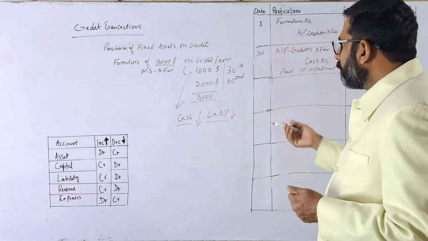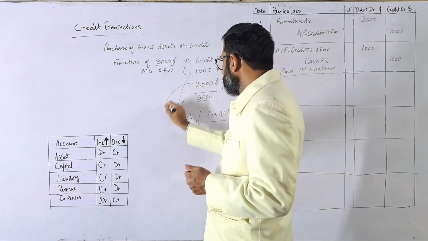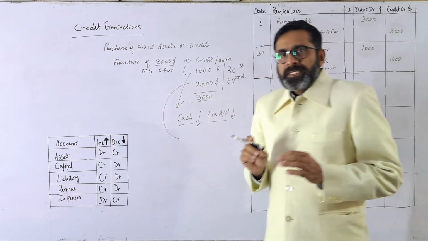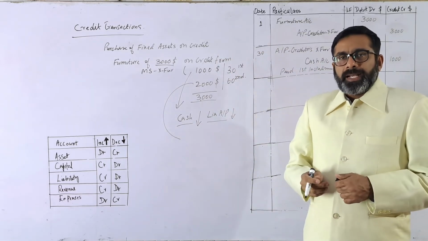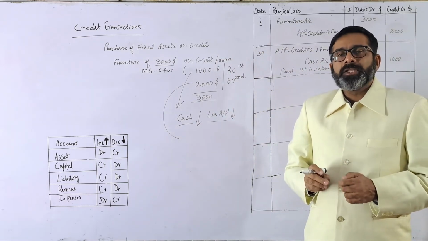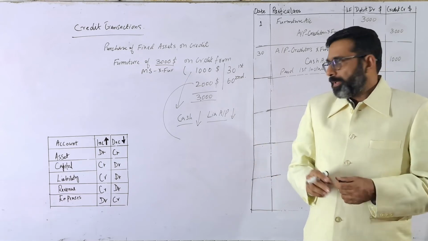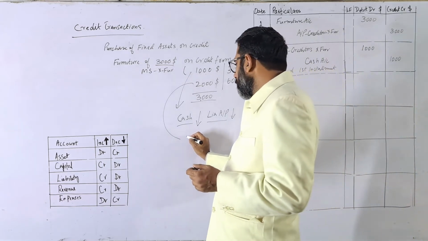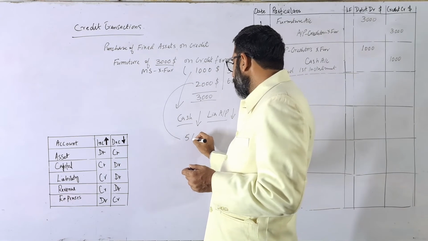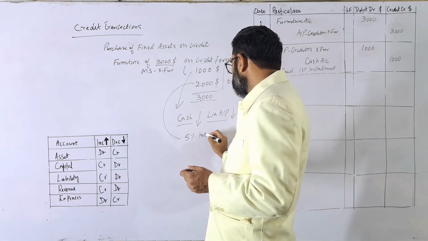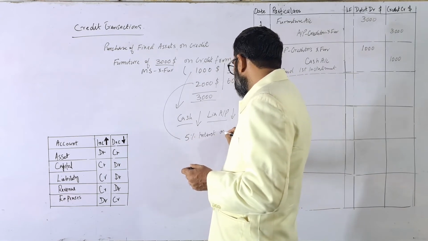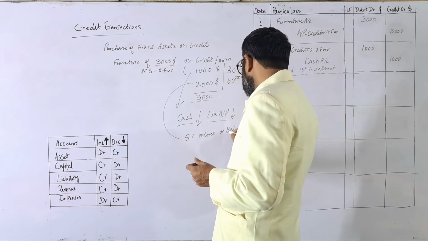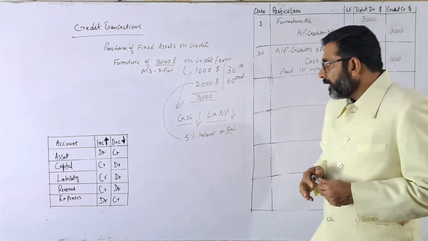Okay, that is the very simple transaction, the same as in the purchases of goods. Now we have another option: the supplier agrees to give you credit, but that credit is not interest free. For example, they say they will charge you 5% interest on the balance.